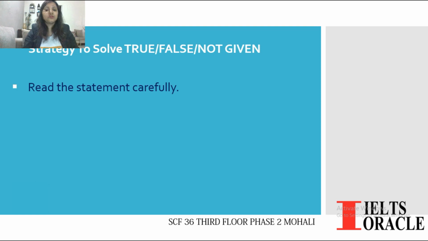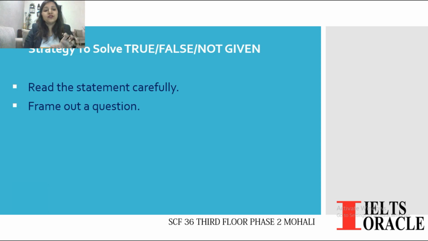After reading the statement carefully, you'll be framing a question. The second step is framing a question. The statement is a simple sentence, and using the information given in the statement, you'll form a question. It will then be easier for you to find out whether you're getting the answer to the question or not.